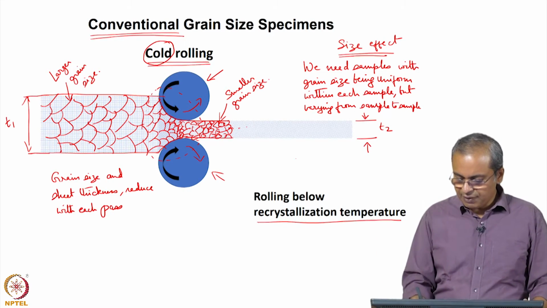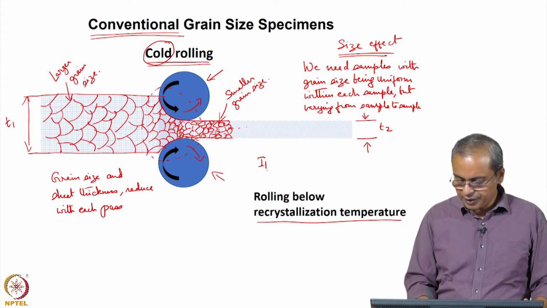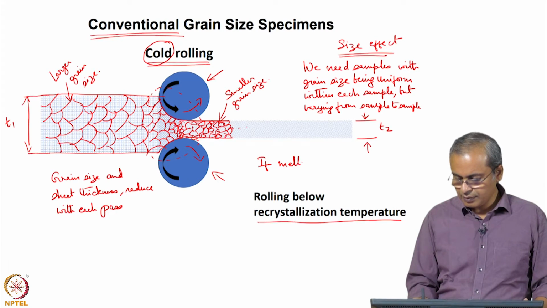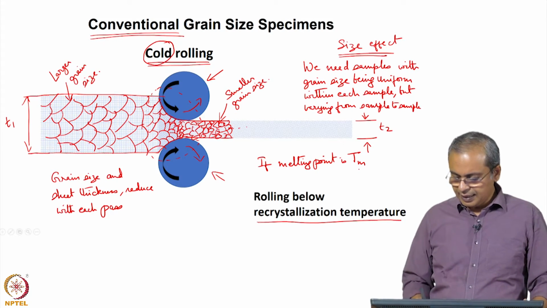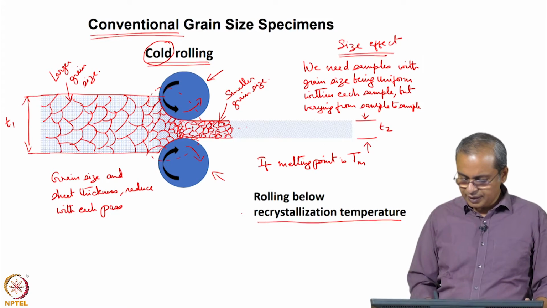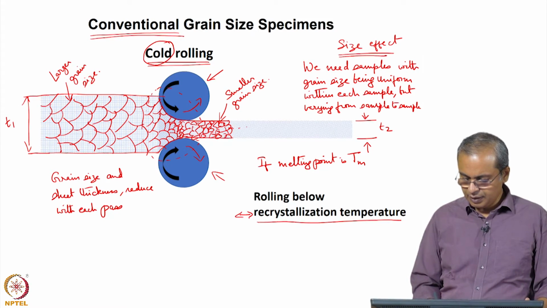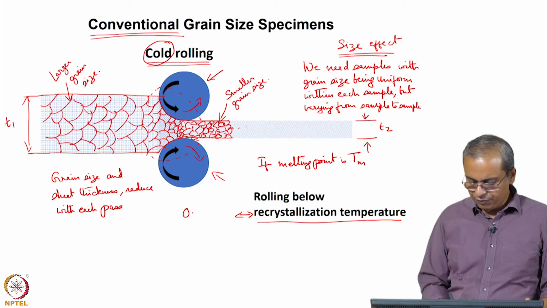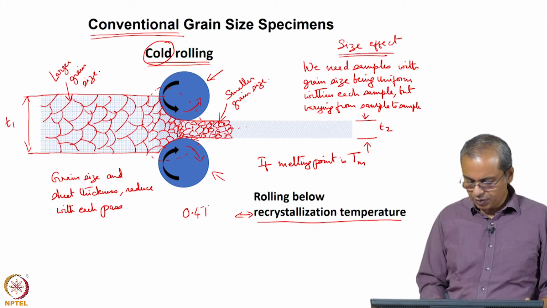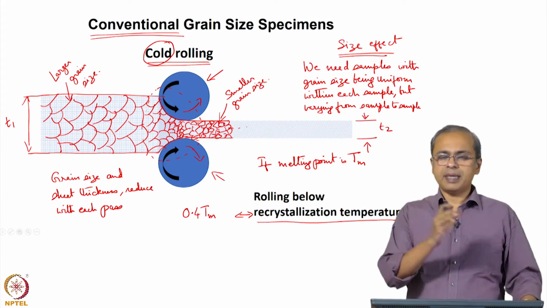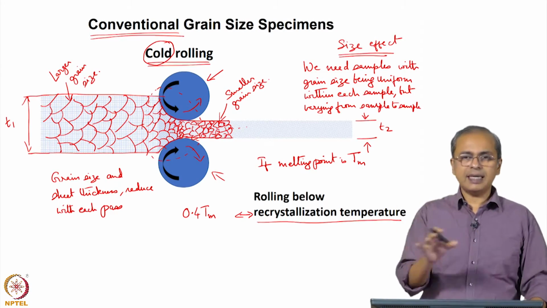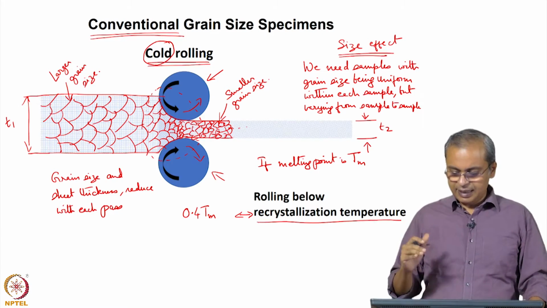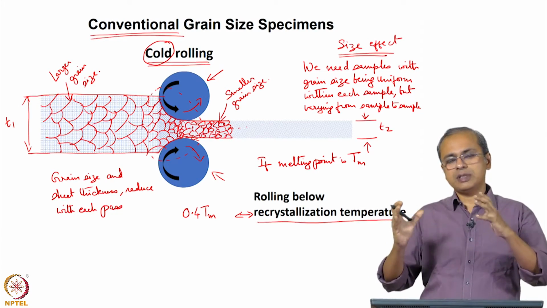So, if the melting point is T subscript m, then this recrystallization temperature is typically of the order of 0.4, 40% of the melting point. So, sometimes it is 30%, sometimes 40%, sometimes 50%. So, 0.3, 0.4, 0.5 in that range of the melting point, and that is the recrystallization temperature. You have to stay below this.